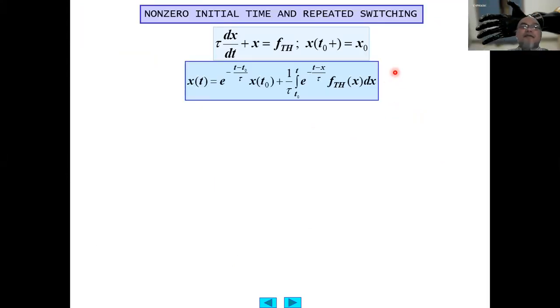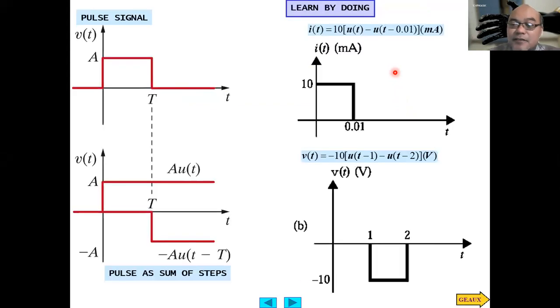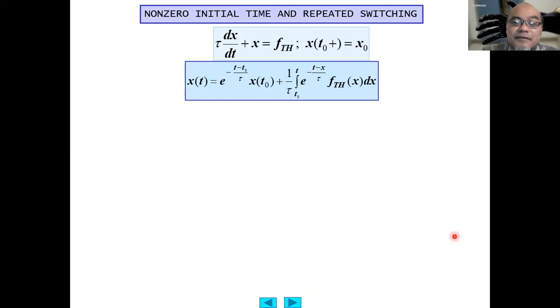Sometimes we can have non-zero initial times. The switching occurs not at t equals 0, but at t equals t0. And we can have repeated switching, as exemplified by the pulse signal, where the switching occurs at 1 and at 2 seconds, respectively.